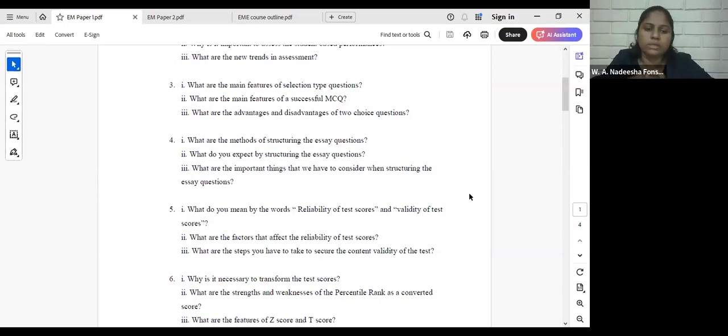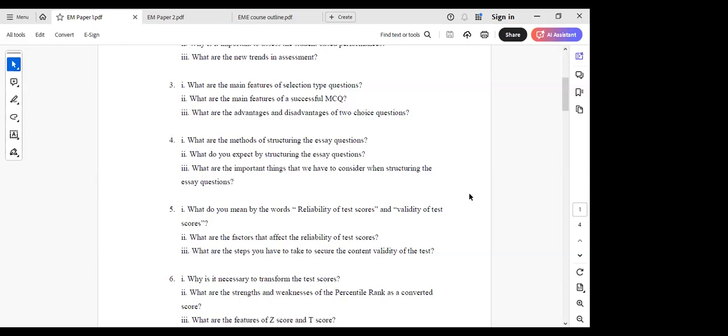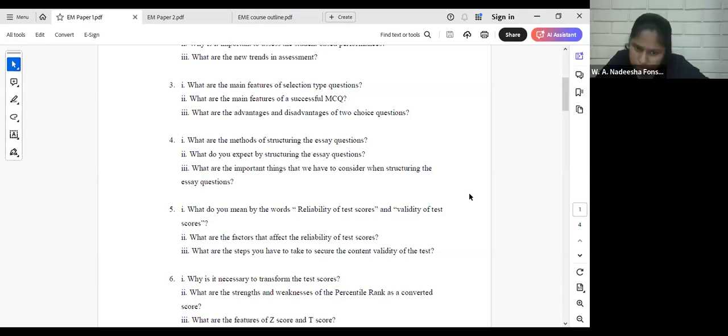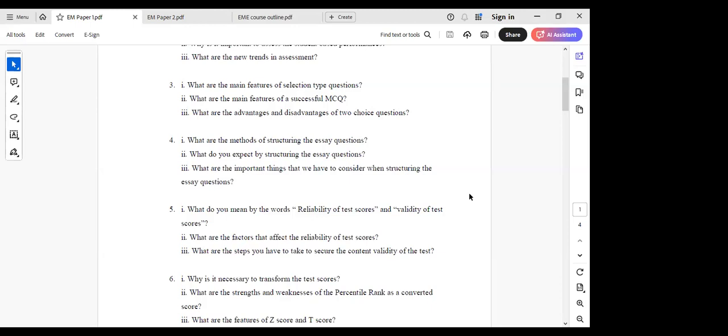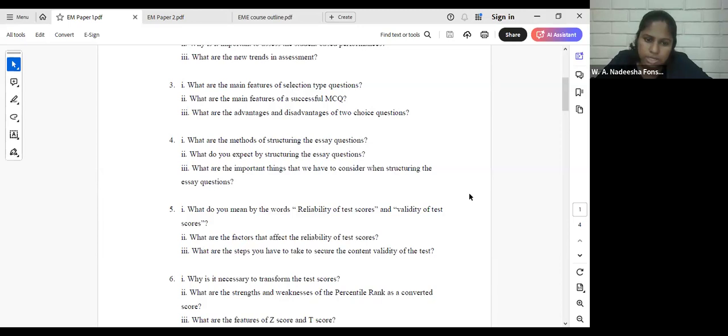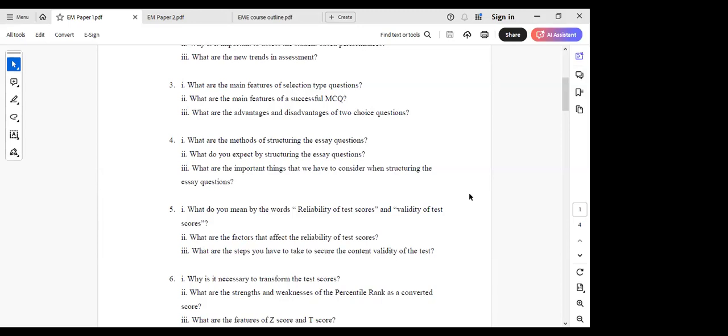So then, what are the factors that affect the reliability of test scores? What are the factors? Personality traits of the examiners, yes, personal traits of the examiners, and professional experiences.